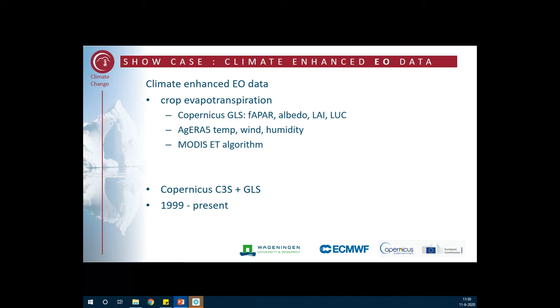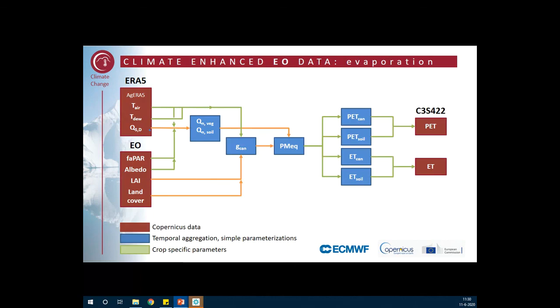And evaporation data, of course, tells you how much water is lost and how much water you have to put in terms of irrigation or elsewhere to compensate for that. Same kind of thing, a couple of existing inputs on the left from the Copernicus system, in the end resulting in potential evapotranspiration and actual evapotranspiration on the far right. And in this case, this is not crop specific.